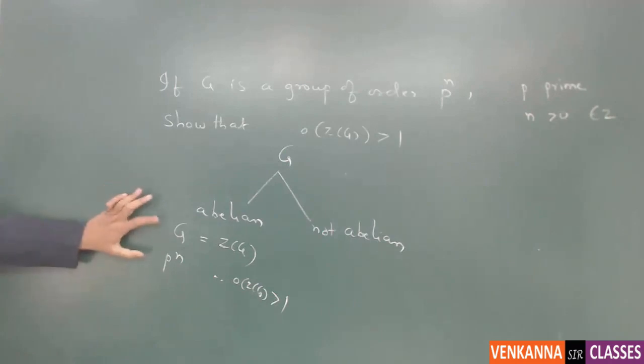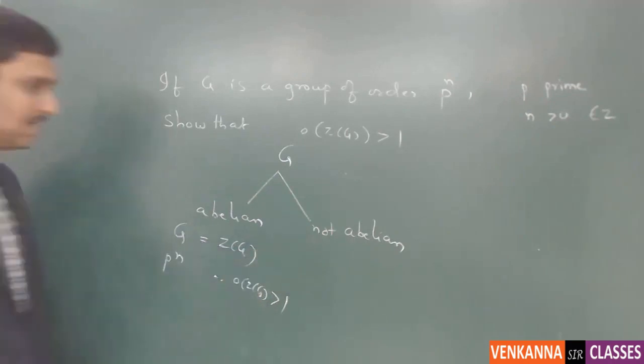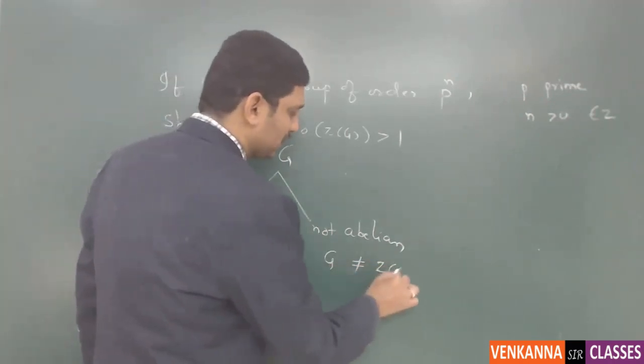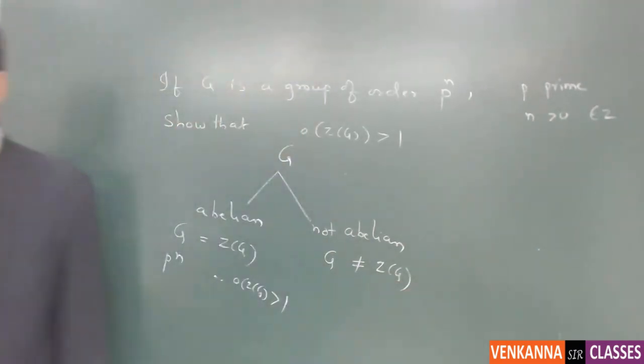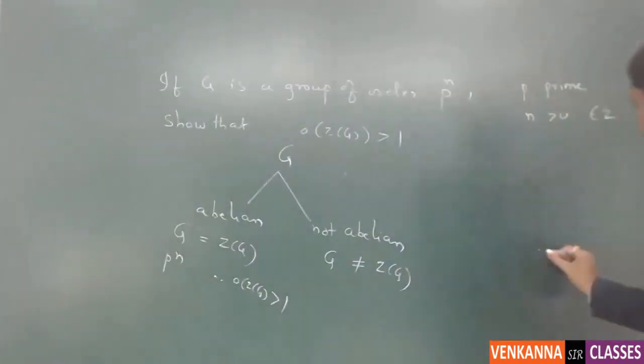Are you getting the idea or not? Right. Now take the second case. G is not abelian. It means that G and its center are different. So if you talk about the hierarchy, this is the hierarchy.